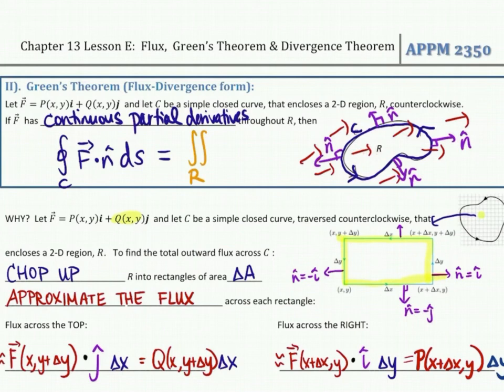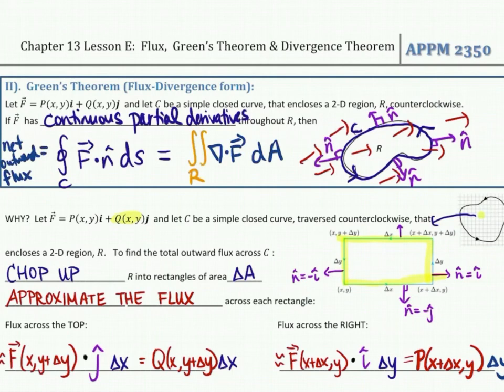This is giving us two ways to find the net outward flux. So this is dA. Okay, so notice this is net outward flux because we defined it looking for the outward flux.